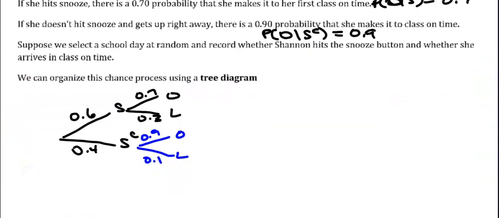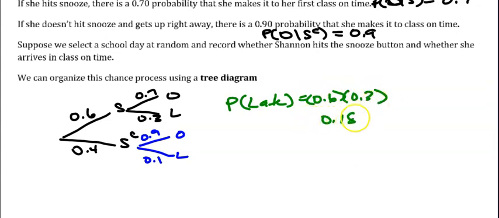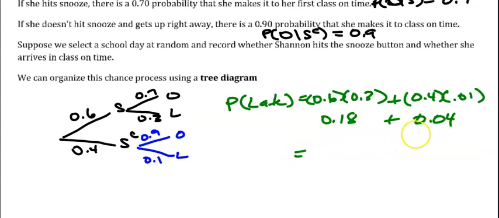So if we follow the branch for being late, for snooze and late, we got the 0.6 for hitting snooze and the 0.3 for being late, and we get our 0.18. But we have to add not hitting snooze and being late, so when we add 0.18 and 0.04, we get 0.22. So that is the probability that we are late.